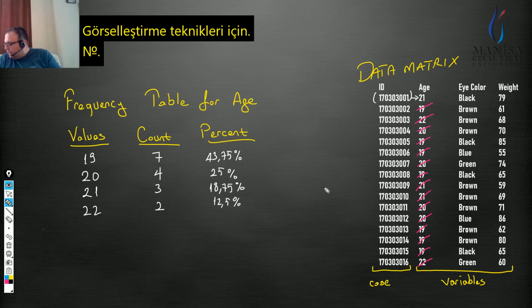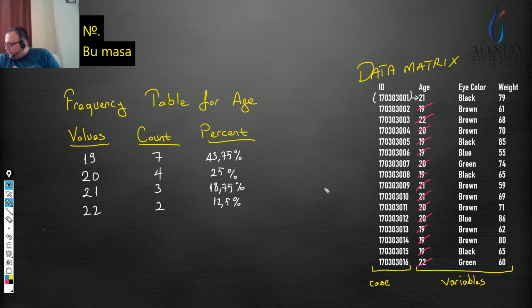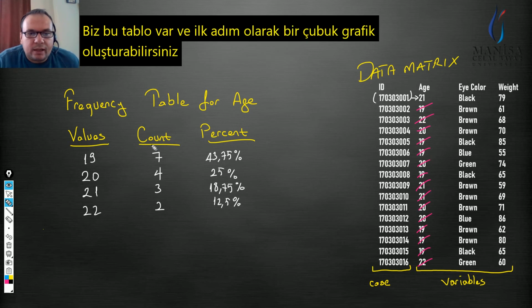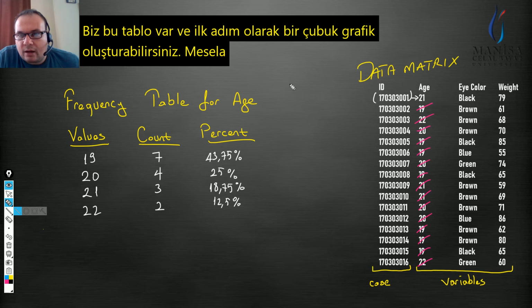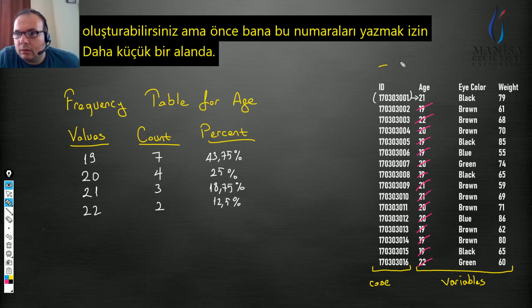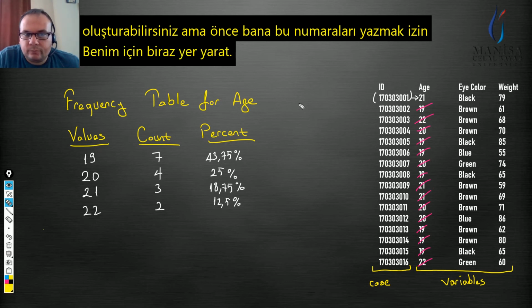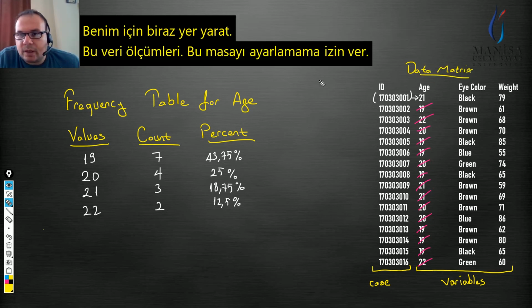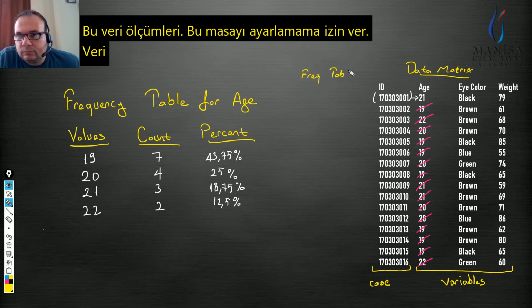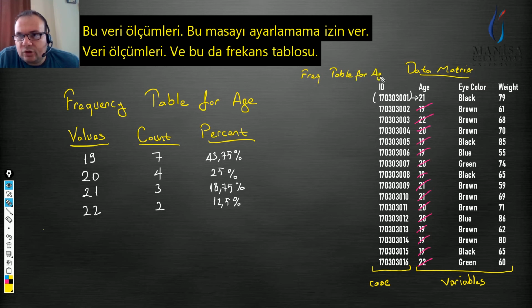Now we have this table, and as a first step we can create a bar chart, for example. But first let me write down these numbers in a smaller area to create some space for me. This is the data matrix, and this is the frequency table for age.